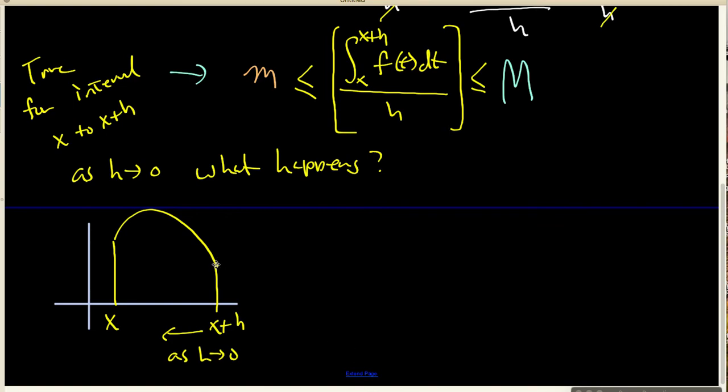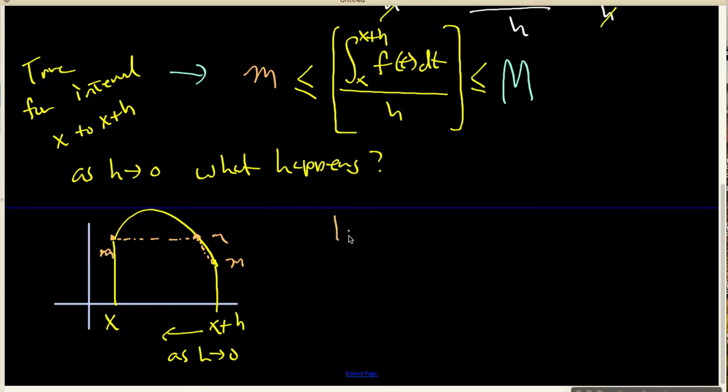And what I want to be thinking of is that as h goes to 0, what happens to this minimum value? Well, I am physically moving this away, and as I move this away, sooner or later I get to the point where the minimum value hits that value.